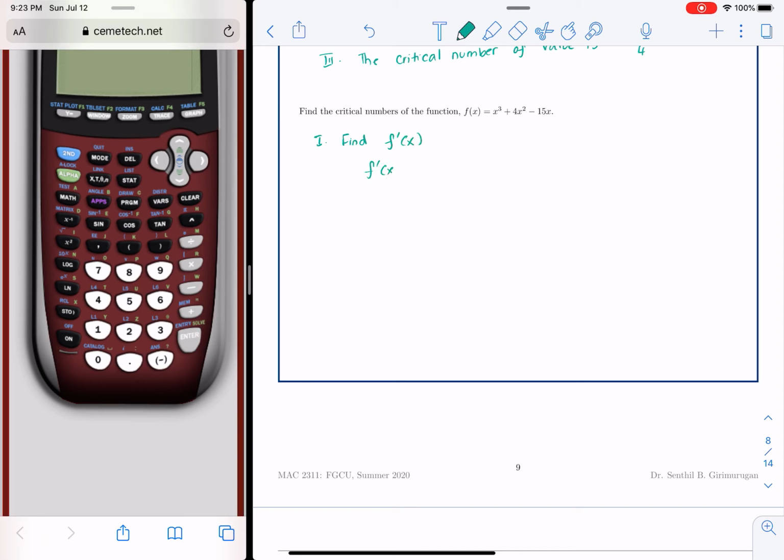So f prime of x is 3x squared plus 8x minus 15. Step 2, set f prime of x equal to 0 and solve for x. So we have 3x squared plus 8x minus 15 equals 0, and that is a quadratic equation.